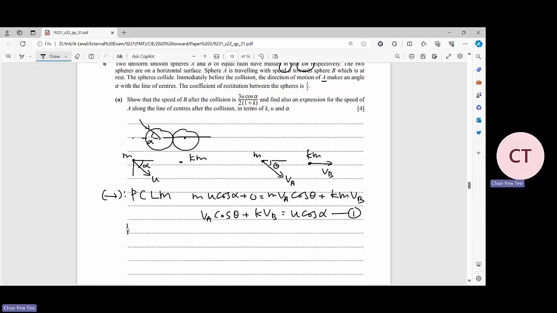Then Newton's experimental law tells you that e is equal to the negative of vb minus va cos theta, divided by 0 minus u cos alpha.